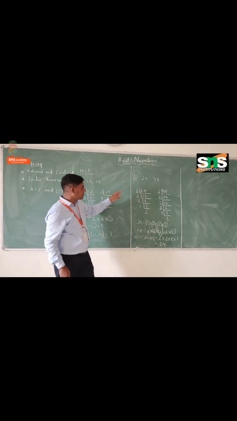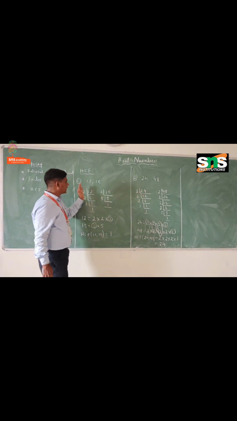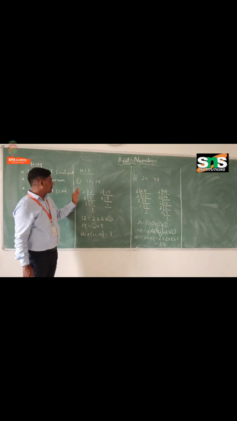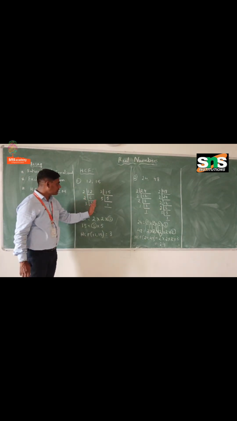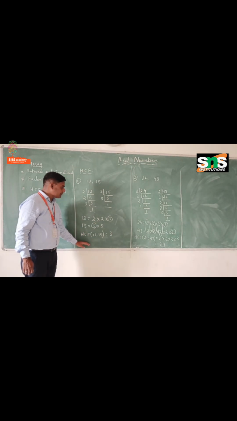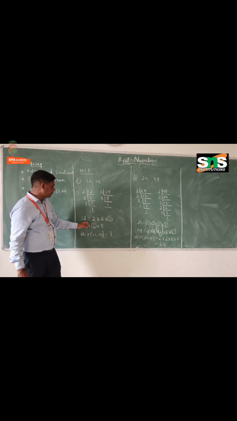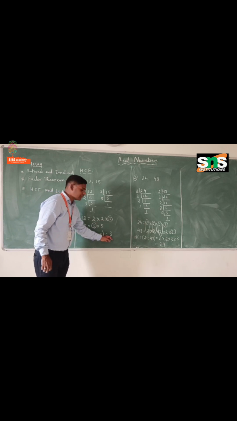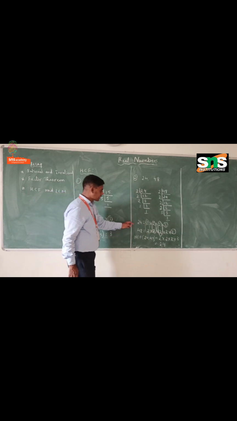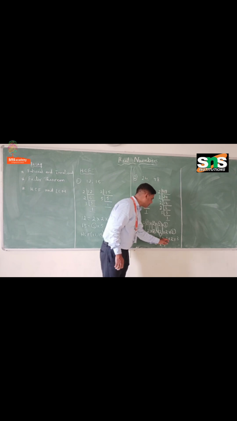Here also it will be no more than the smaller value. So this is the way we find the HCF. We take the prime factors separately, find the common factors, choose one of each common prime factor, then multiply and we get the HCF.